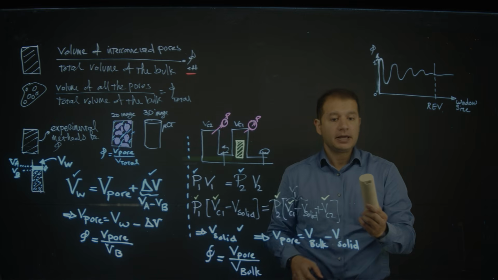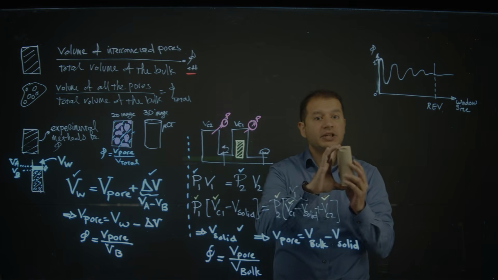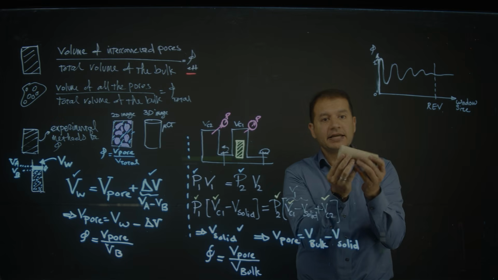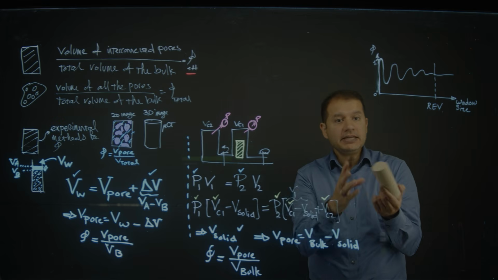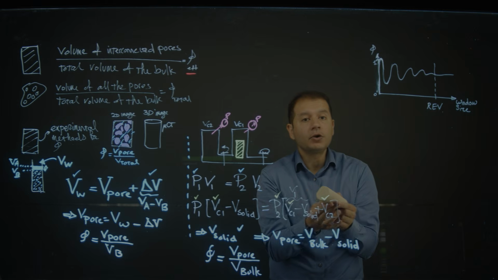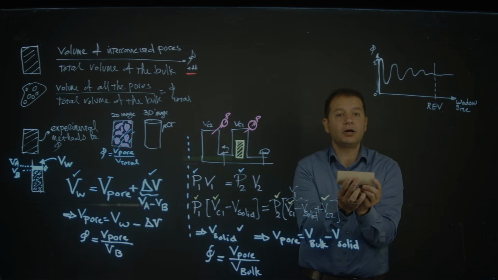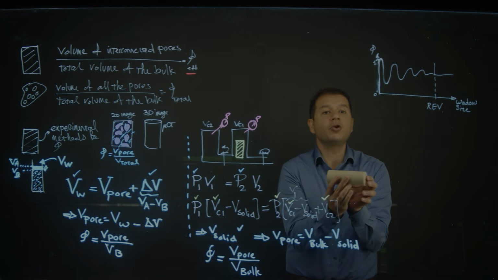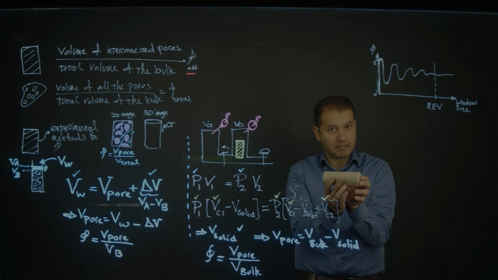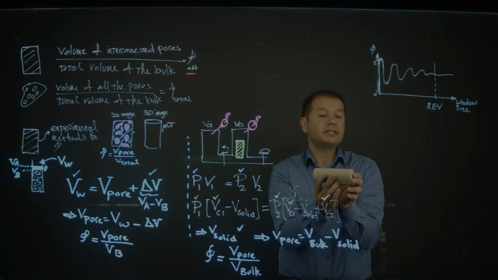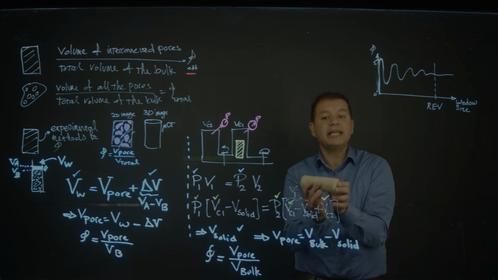For example, if you know the density of the grains that form this rock, and you know the weight of this rock, then you know what the volume would have been if it was 100% solid, right? We know the mass. If you know the mass, you know that divided by volume is density.